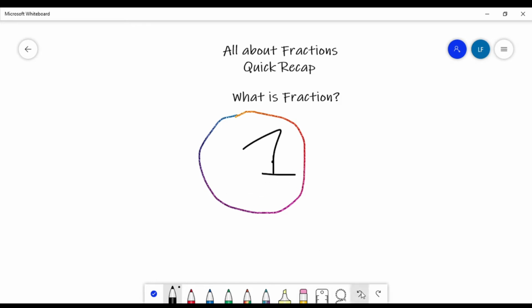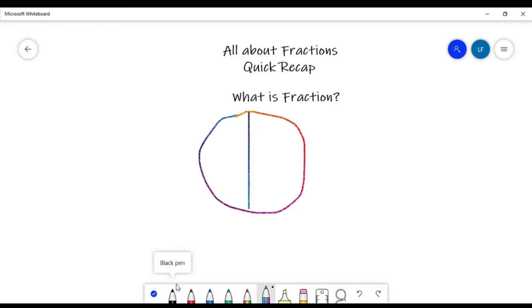It is not two or three, right? So what if we divide this pie into two? Then it has two pieces, two pieces of one whole, right?